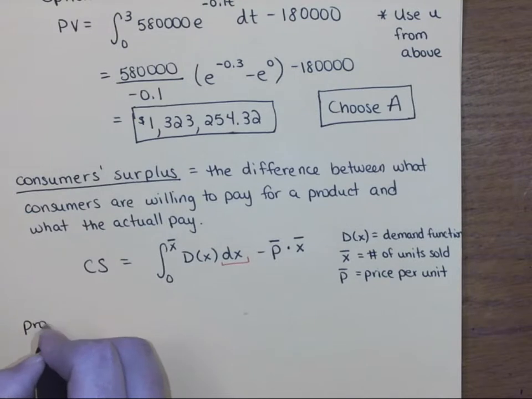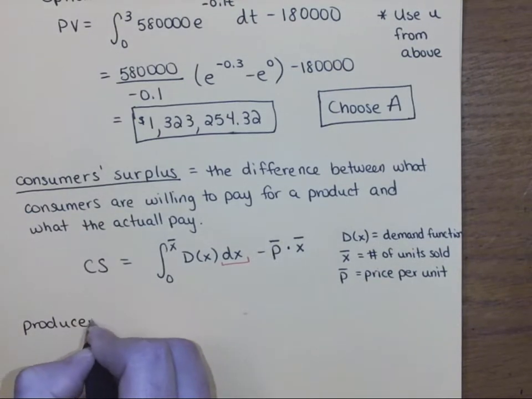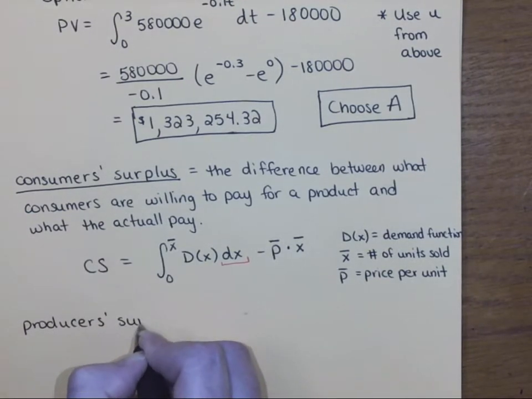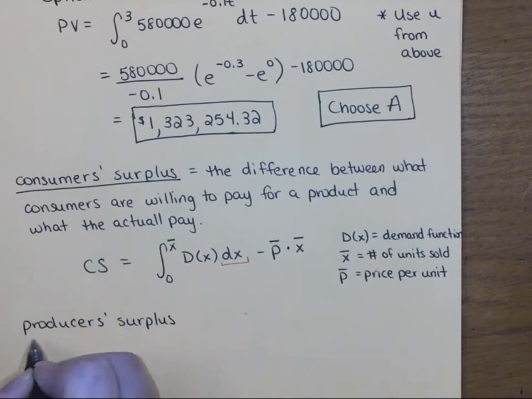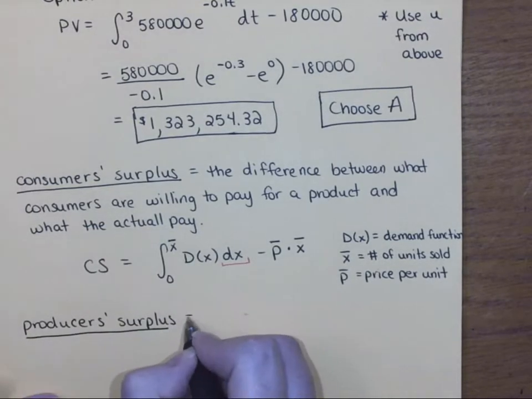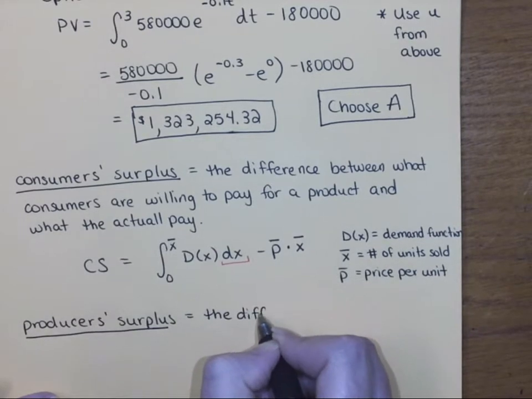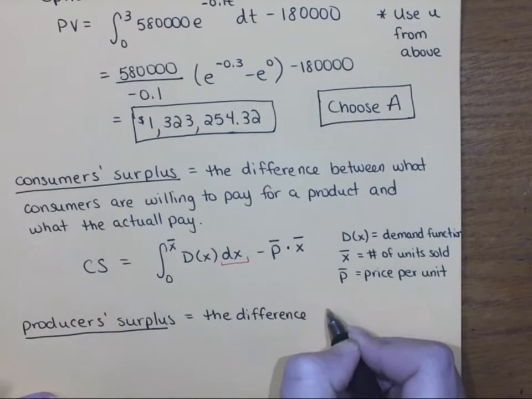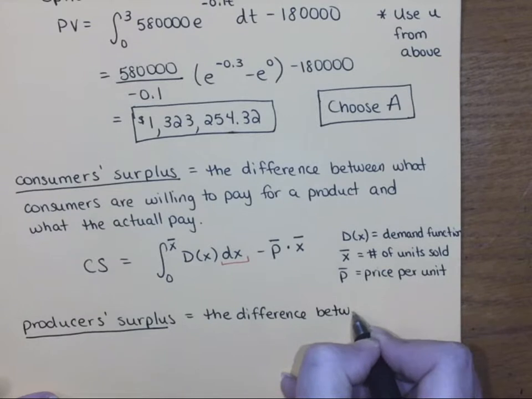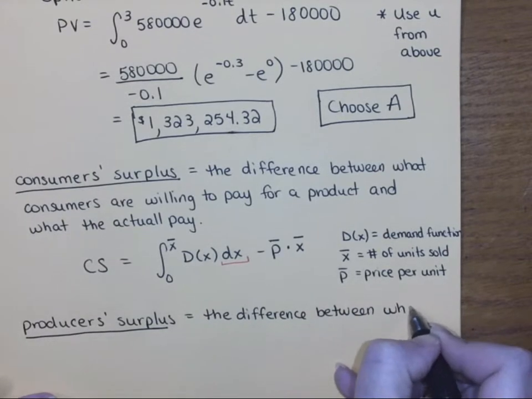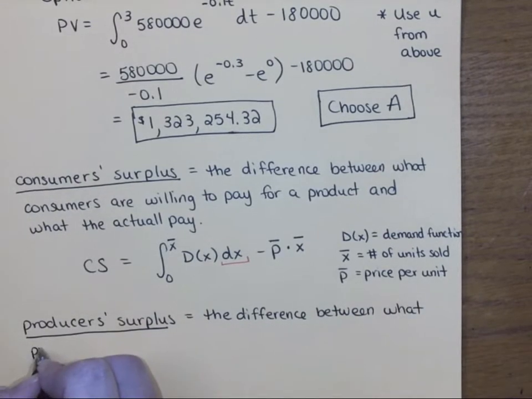So we'll practice one of those in a minute, but before we do, I want to talk about producer surplus because it's pretty similar. But it comes from the side of the producer, in other words, the business owner. So it's the difference between, now notice they don't control demand, they control supply.